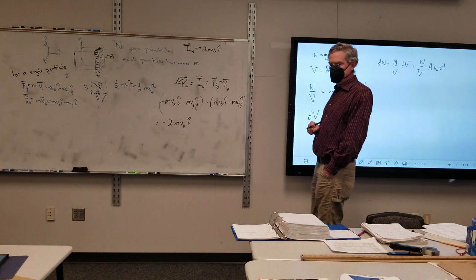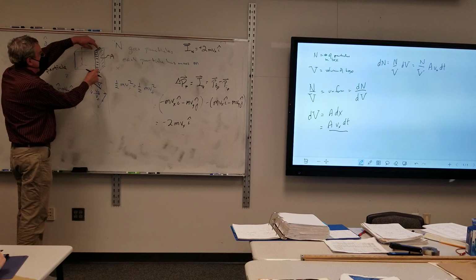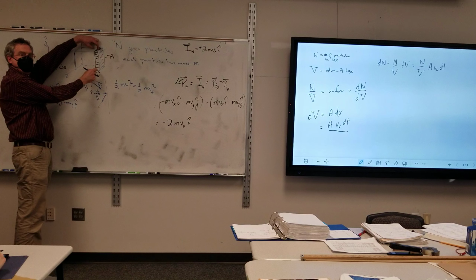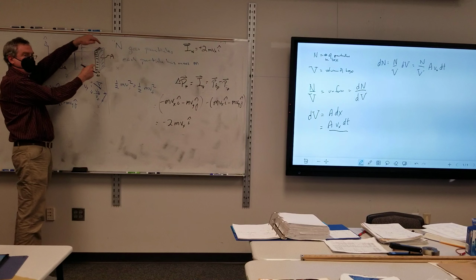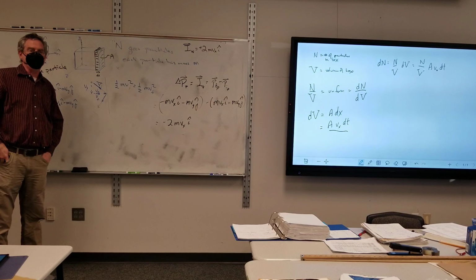What is dV? dV is the volume of this infinitesimally thin little piece of the box in which the particles would actually hit the wall within the next small change in time.